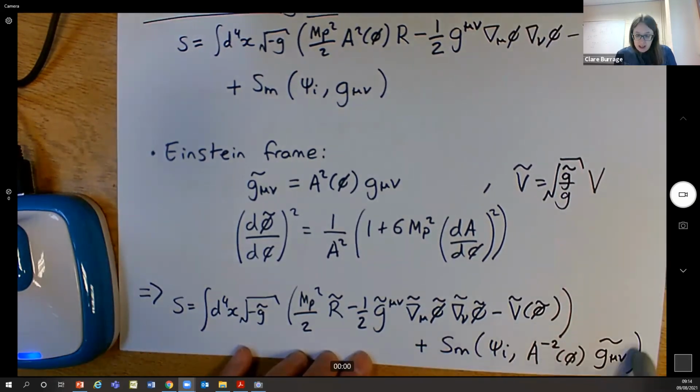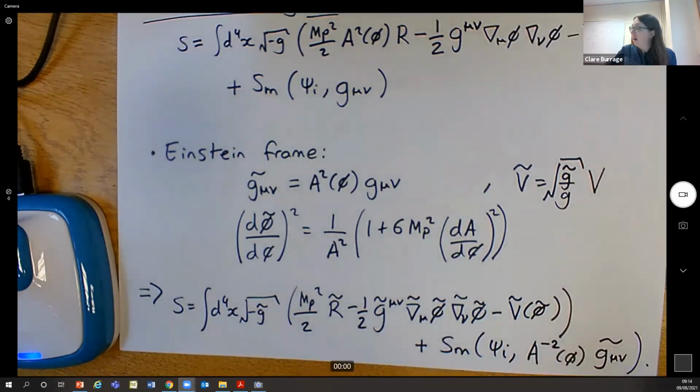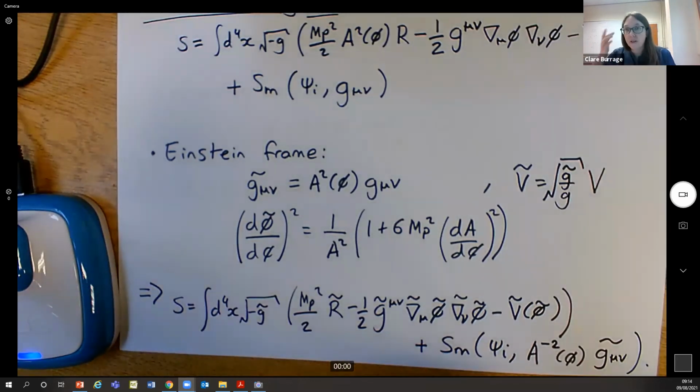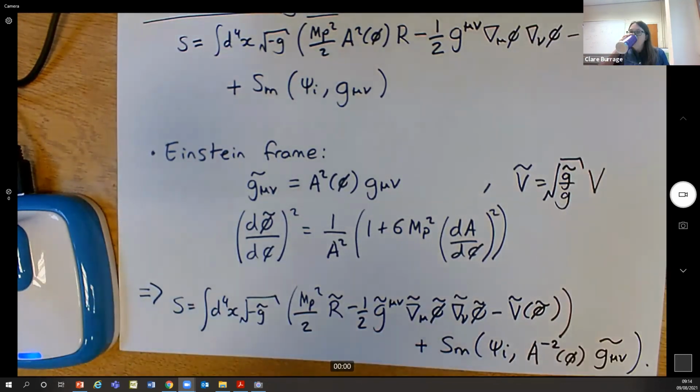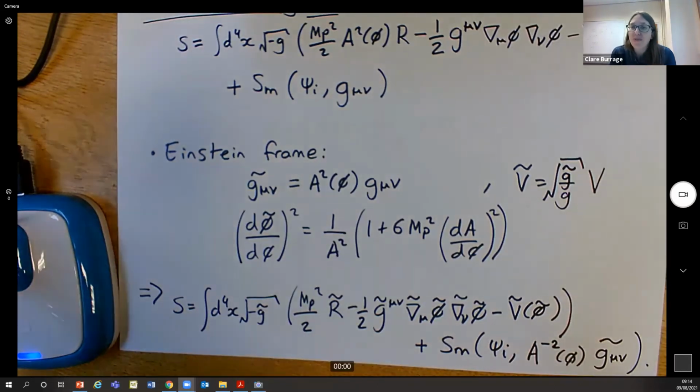So if you were to write this out, what this theory in this picture looks like is standard gravity plus a fifth force, a scalar field mediated fifth force, but a fifth force mediated by just some new boson in the matter sector. So this is where we start to see that even our definitions of what is a modification of gravity and what is new matter in our theory is kind of an arbitrary distinction.